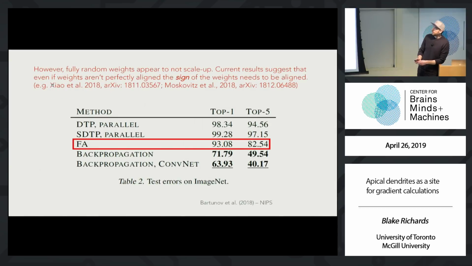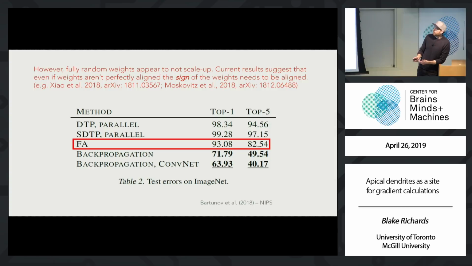The difficulty is that we've found that this doesn't work well when you scale up. Even on CIFAR 10, you can kind of get it, but once you push it to something like ImageNet, it just doesn't work. With feedback alignment, or even alternatives like difference target propagation that try to learn the backward weights, we get nowhere near what we get with backpropagation on a ConvNet.